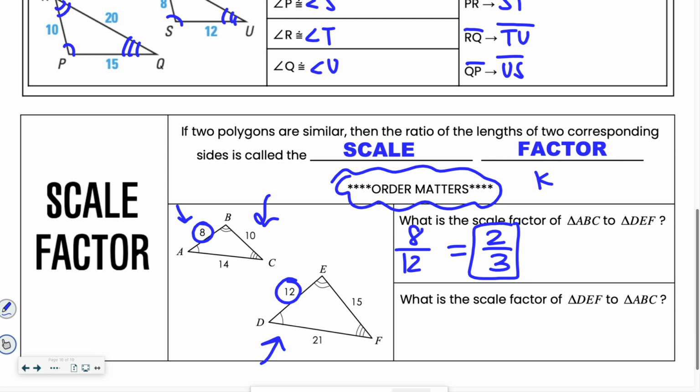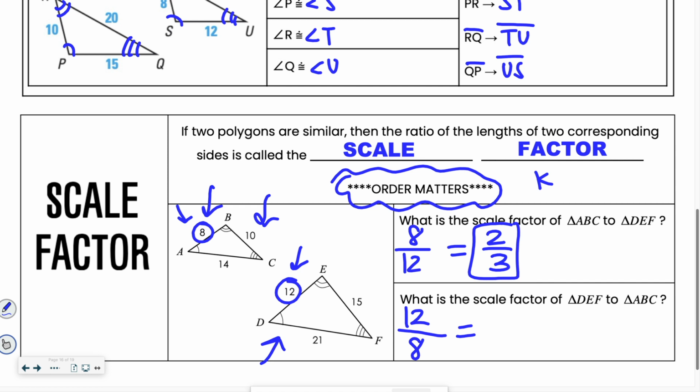What's the scale factor from triangle DEF to ABC? Now we have the big one on top. Same thing, folks. I'm still going to start with my smaller side, because that's just easier for me, 12 over the smallest side on our other triangle, which is 8. So 12, ABC, 8, hit equals. Now it's going to give you a weird fraction, 1 1/2.